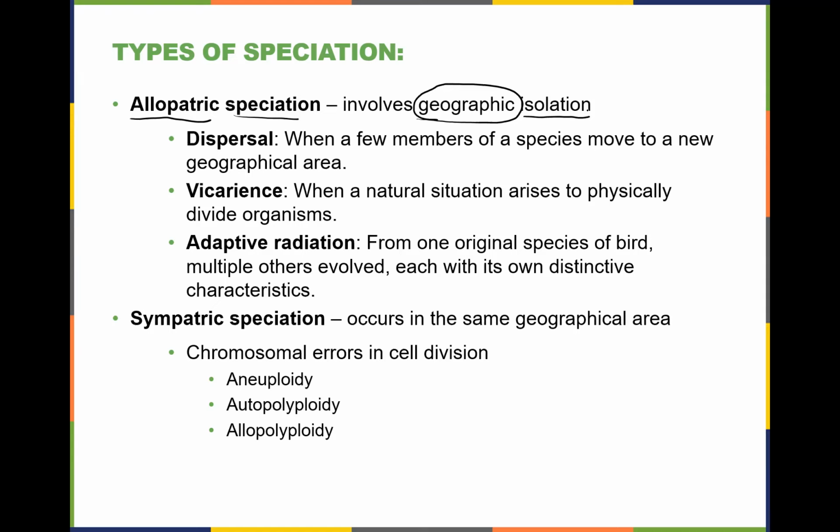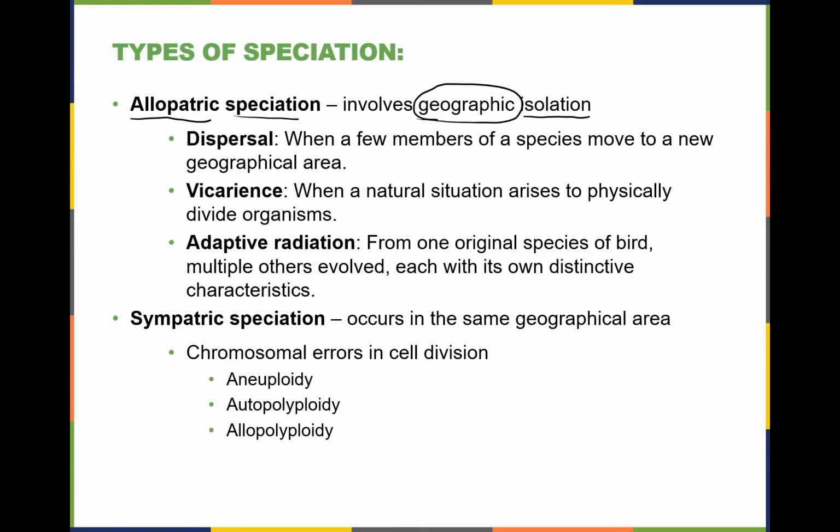So this is due to the different place where one ancestor species goes, and at the different place it will evolve into a new species which is different from the original species where the organism came from.